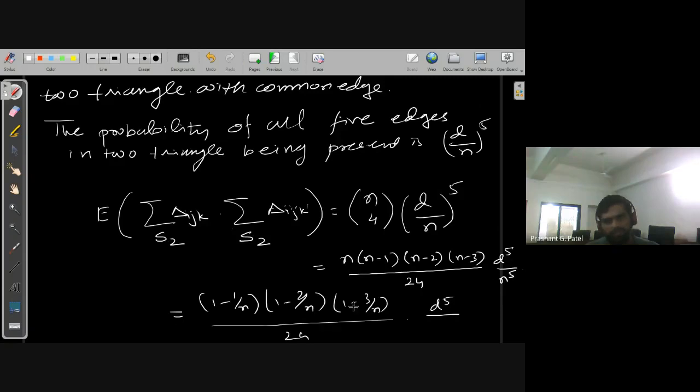One n is cancelled out and n is adjusted, so one n is left here. And this quantity is less than 1. So I can say this is equivalent to order d raised to 5 by n.